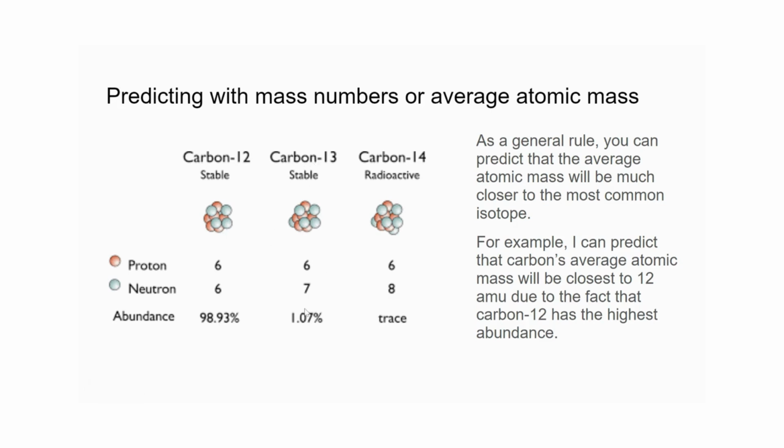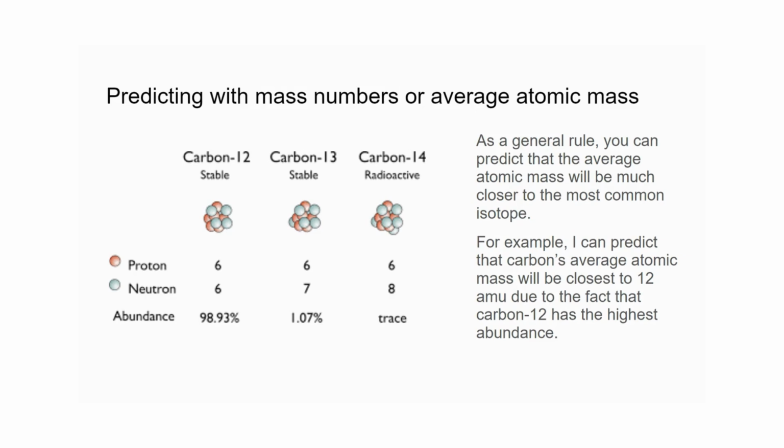Carbon-13 is present at roughly 1% abundance. So I would predict that because carbon-12 is so much more prevalent in the population, the average atomic mass is going to be much closer to 12 than it is to 13. When you look up carbon's average atomic mass on your periodic table, it's 12.01. So it is in fact very, very close to carbon-12's mass number.